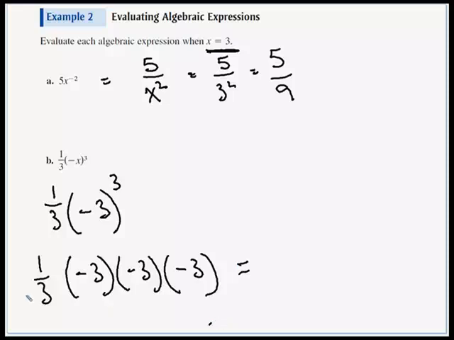Let's figure out the sign. Positive times negative is negative, and that negative times another negative is positive, and that positive times another negative is negative. Our final answer will be negative. Let's see here. 1/3 times 3 is 1, times 3 is 3, times 3 is 9. Negative 9.